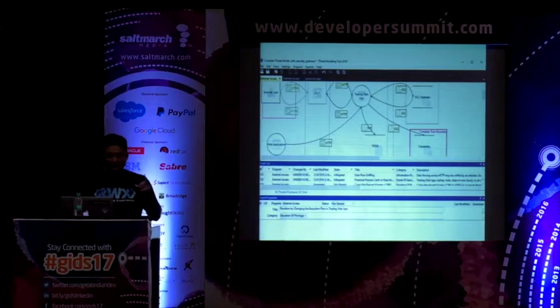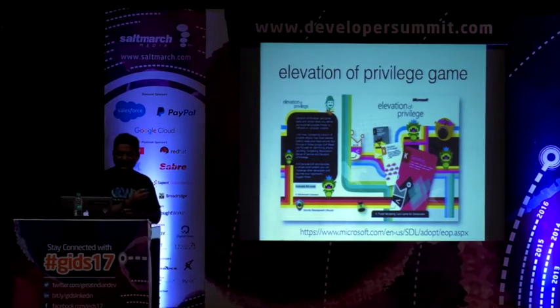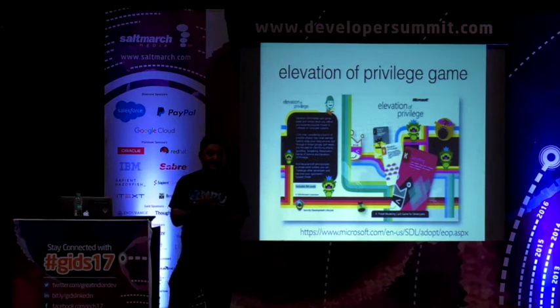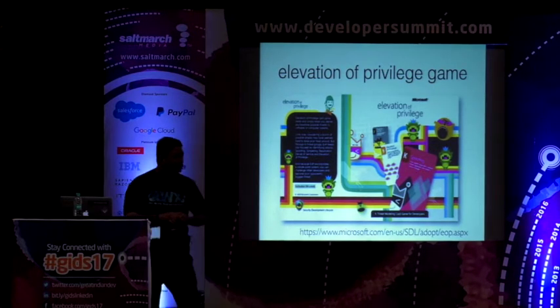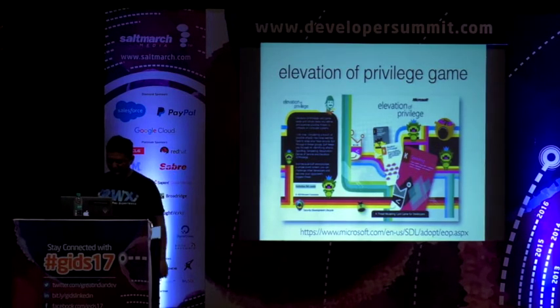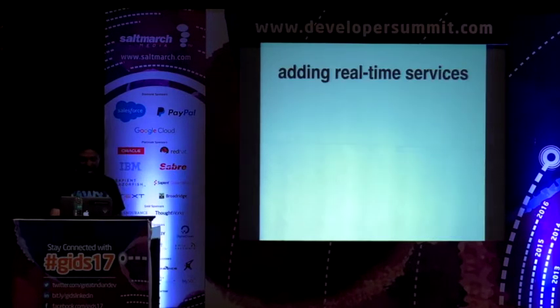Not only that, there is something called the Elevation of Privilege game. You can play this game while creating that diagram as part of your team itself. It has 52 cards for sniffing and other cards to identify the problems which could be there in the system. And that's where it's going to really help.